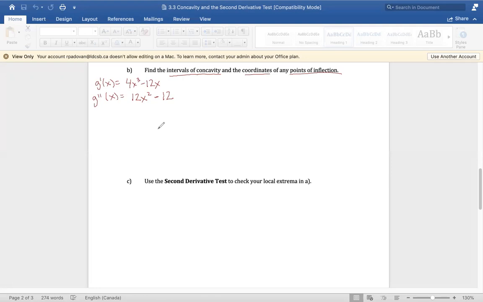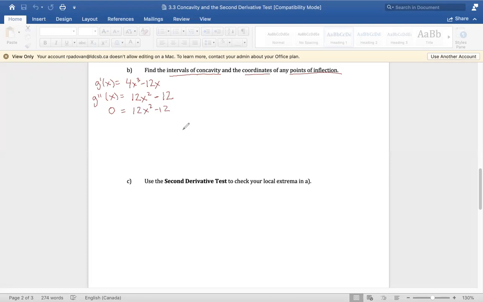But what I'm going to do is set the second derivative equal to 0, and then test around those values, just like I did with the chart with the first derivative test. So I'm going to set it equal to 0 and solve for x the same way by factoring.